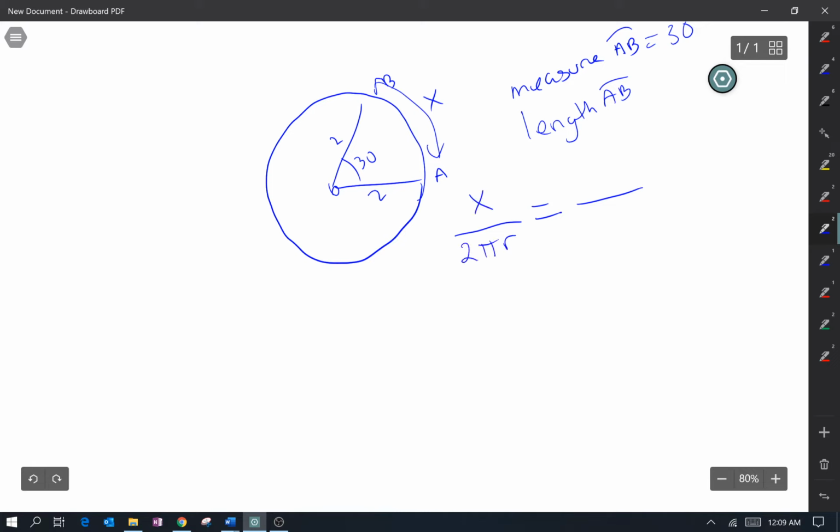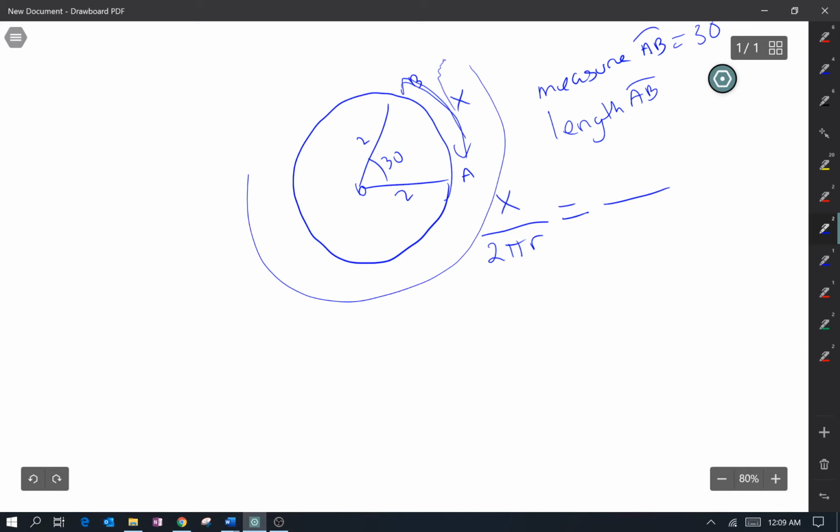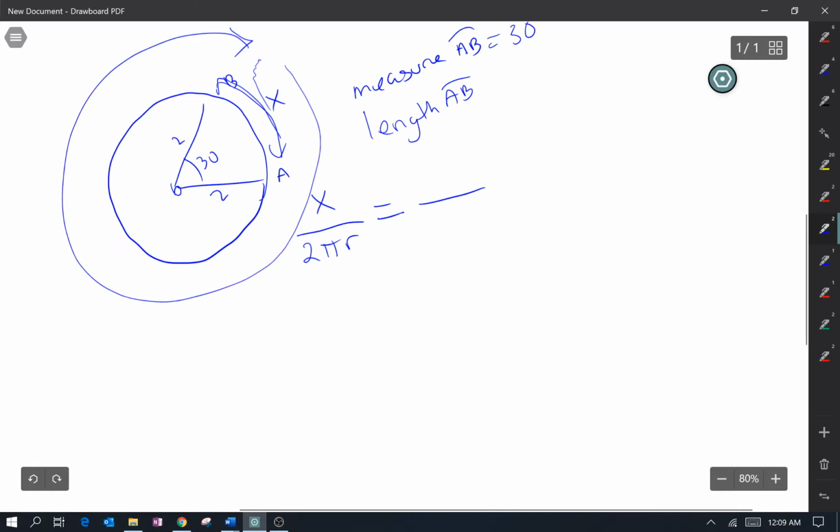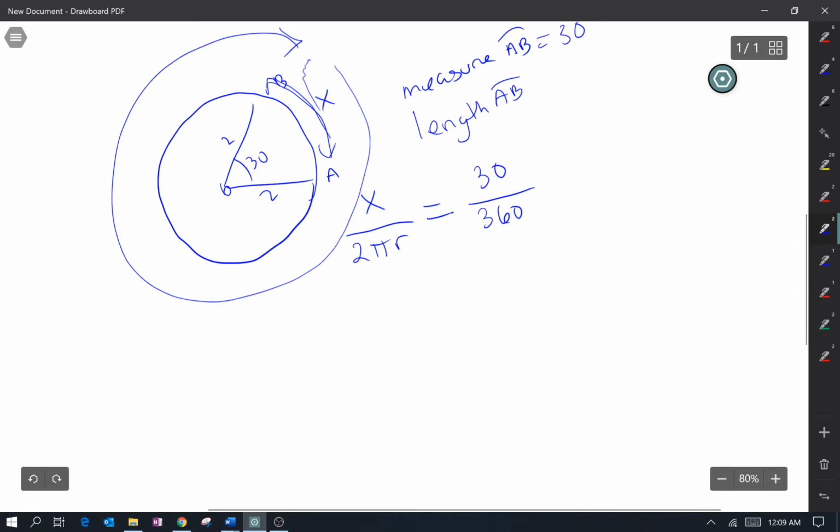So watch what I'm saying here. The length of the arc to the whole circle is proportional to the degrees, 30, to the whole circle. Let me break this down for you. X is how far it is from here to here.